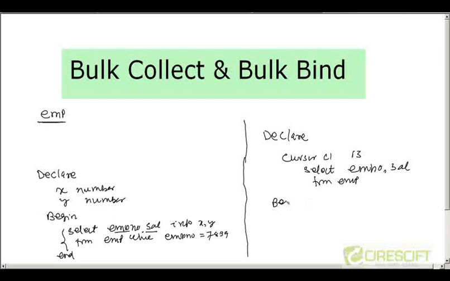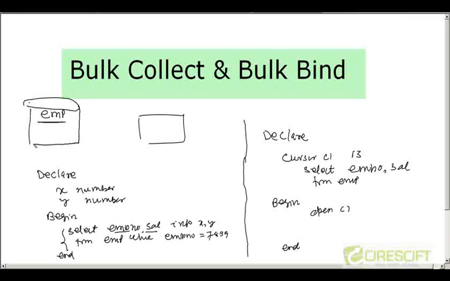Then inside the begin and end, we open the cursor. So this is our EMP table inside the database, and when we declare cursor C1, we have a PL/SQL private SQL area where we can keep data from the database.